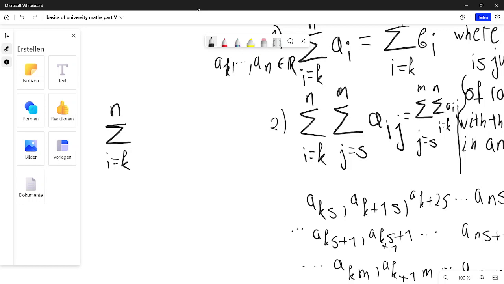Right? And this specifies such a function. It goes from K to N to the reals.